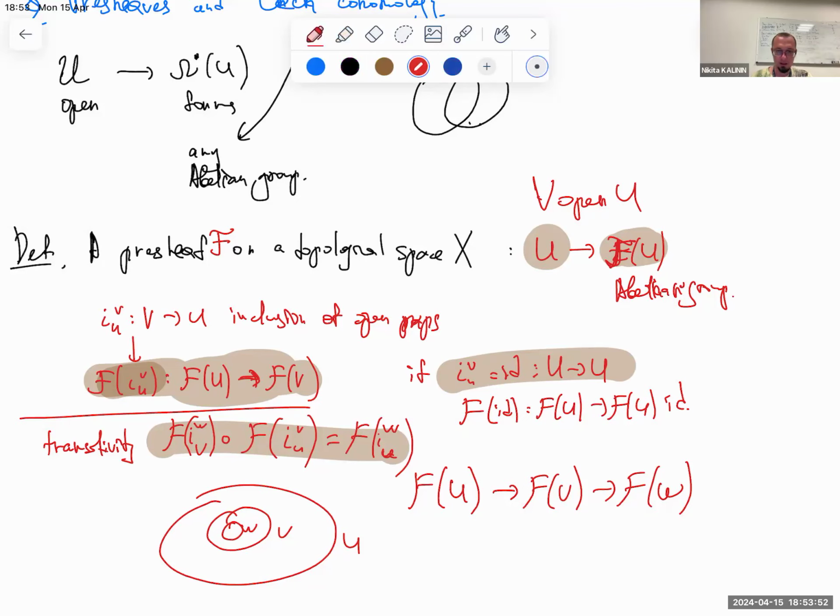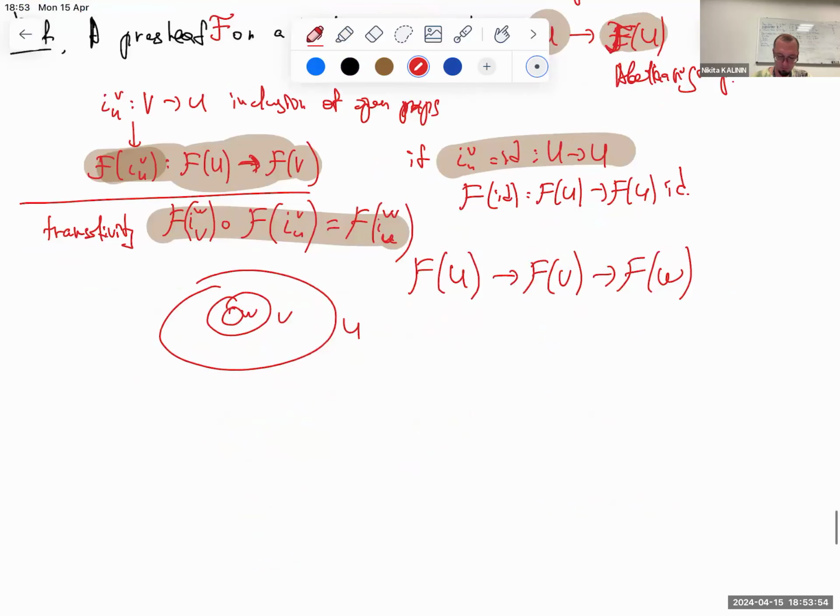Okay. And then one can also define the homomorphism of two presheaves. A homomorphism of two presheaves is just a collection of maps, right?